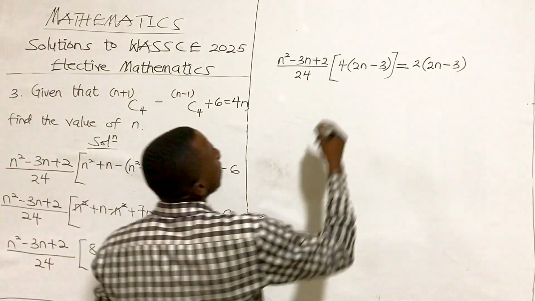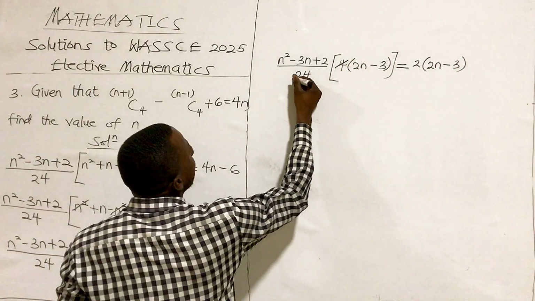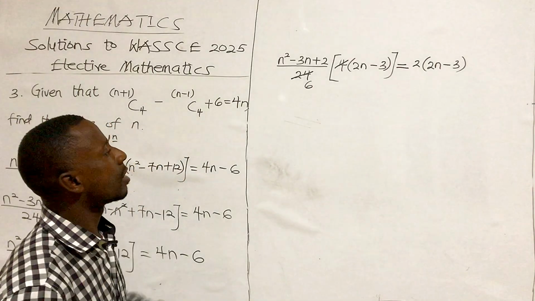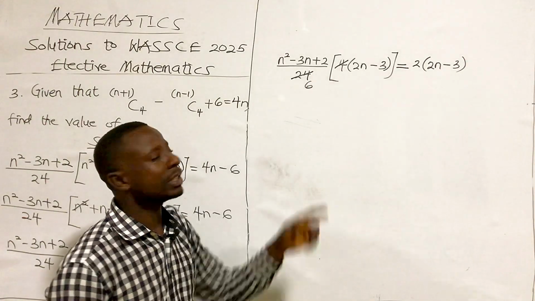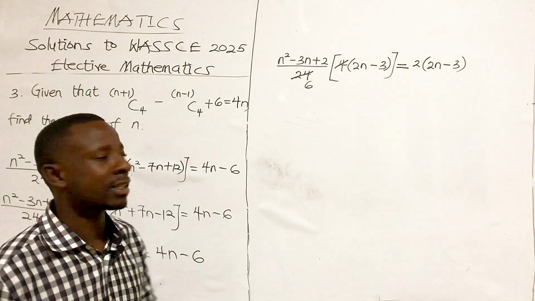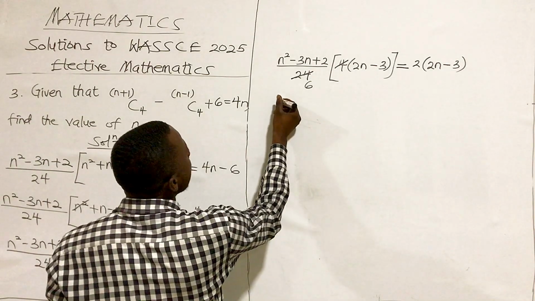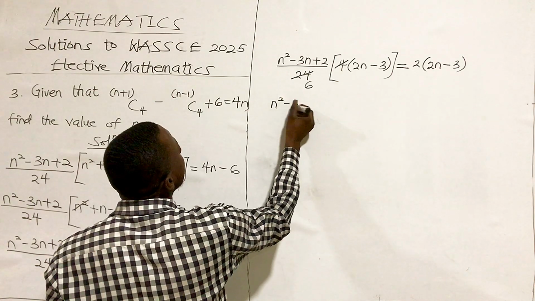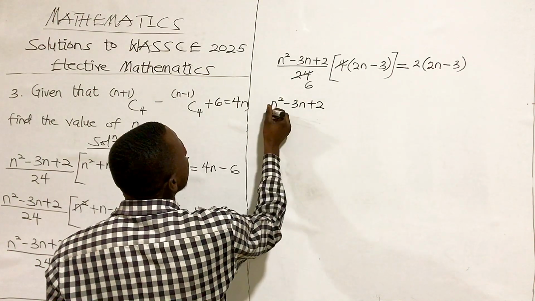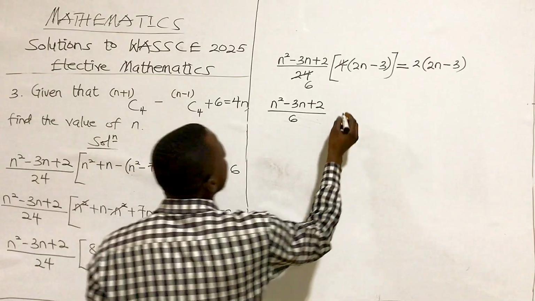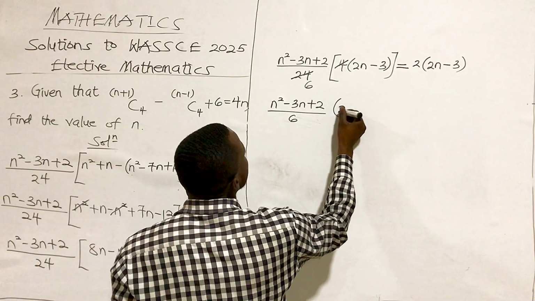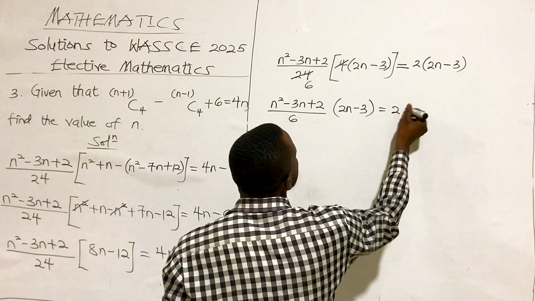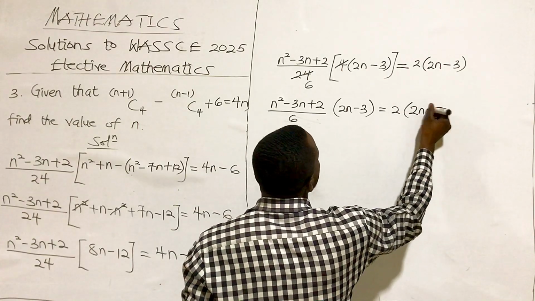From here, this 4 can reduce the 24 by 6 because 4 goes into 24 6 times. So now we have n squared minus 3n plus 2 all over 6 multiplying 2n minus 3 is equal to 2 into bracket 2n minus 3.